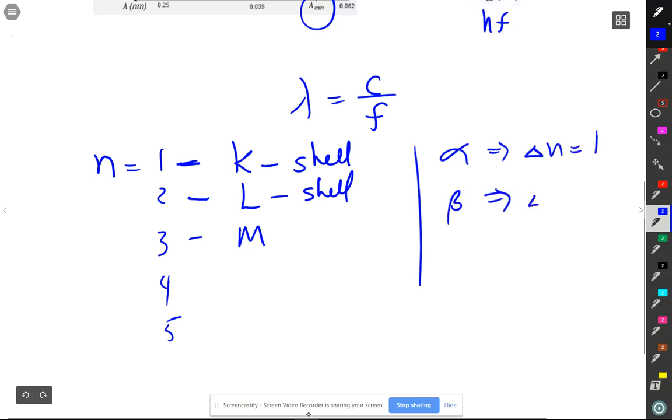Beta means that delta n equals 2. So a K alpha means it went from 1 plus 1 to 1. A K beta means it went from 1 plus 2 to 1. So K beta is 3 to 1, K alpha is 2 to 1. What would an L beta mean? 4 to 2. Yep.